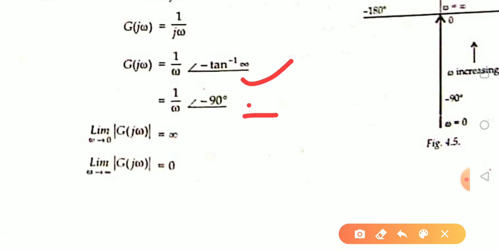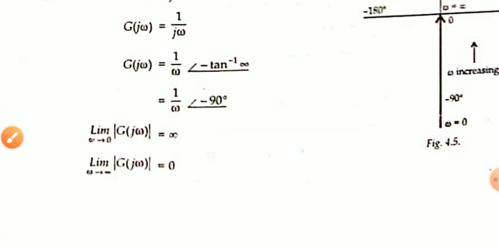It is 90 degrees. We take a minus sign here because we are taking the angle of a pole; when we take the angle of zeros it is with a positive sign, and for poles it becomes a negative sign. So this is our magnitude and angle.